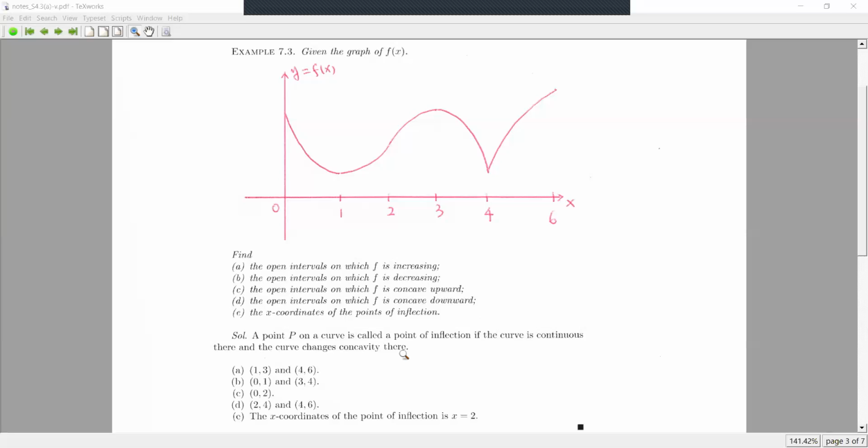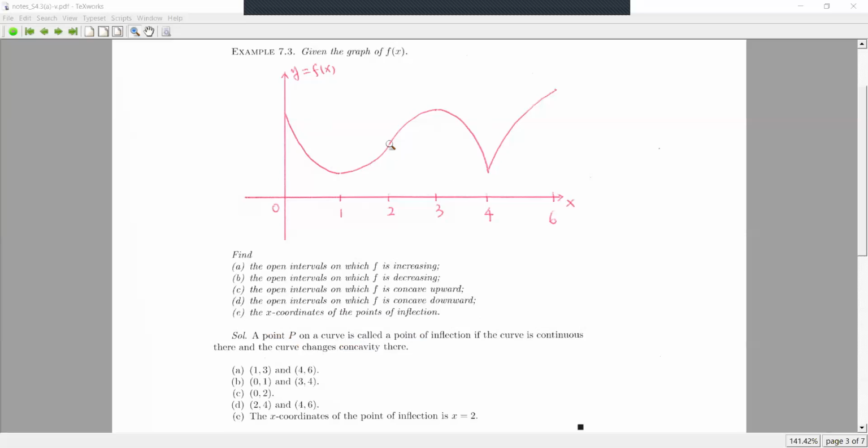Okay. A point has x and y coordinates. Part E only requires us to tell the x coordinates of the points of inflection. So go back to the graph. At which point on the graph concavity is changing, I can see that at this point.